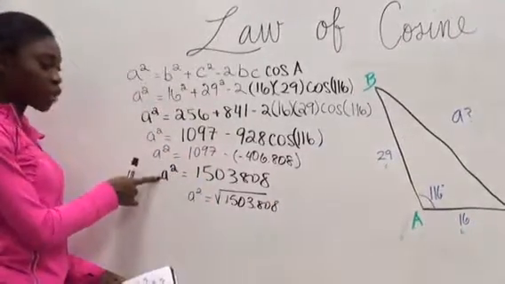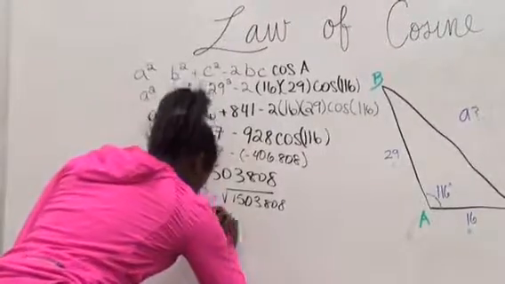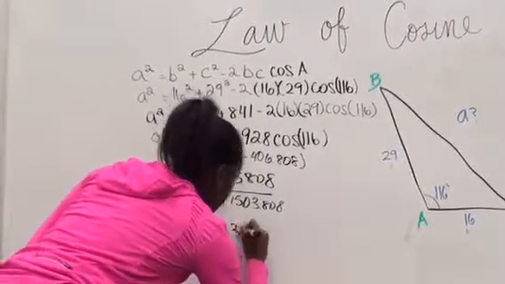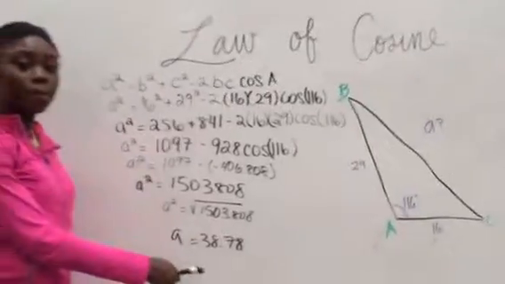You then put your A squared into the square root sign to find A. And your A is 38.78.